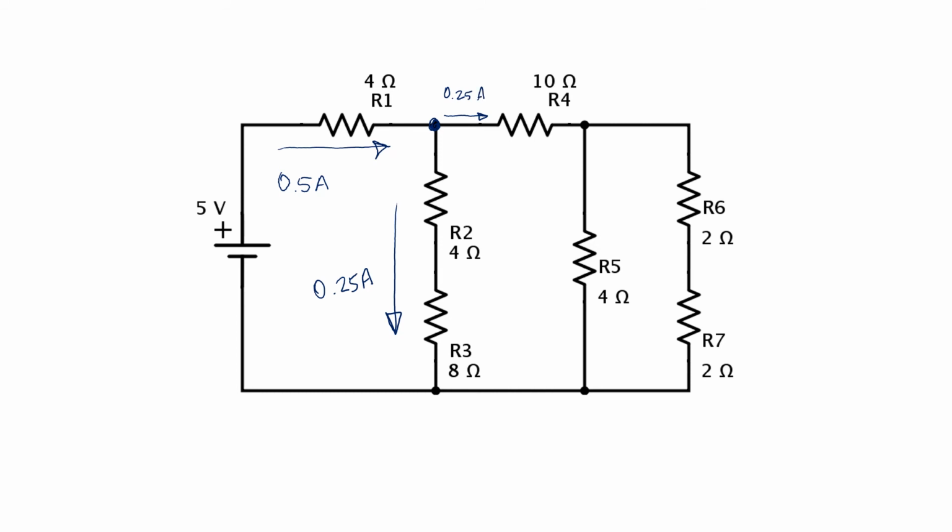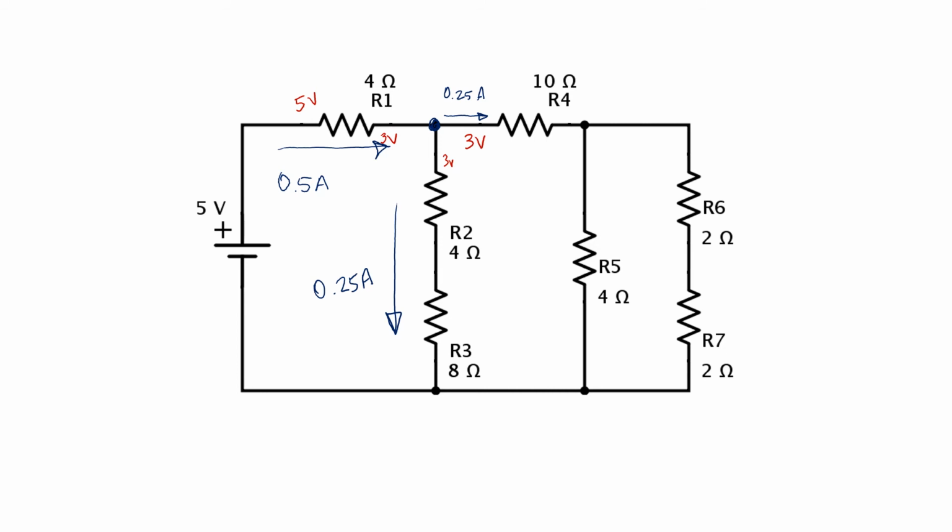I also know that this resistor drops 2 volts of potential. So we said if we call this 5 volts, this would be 3 volts. And so 3 volts here, as we did earlier, that means there's 3 volts on this side of the resistor.